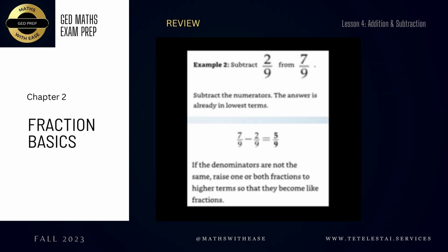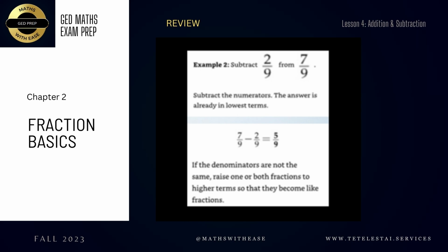Here we're being asked to subtract 2/9 from 7/9. You should recognize immediately that 2 is less than 7, so you need to rewrite this so that the difference you're taking begins with 7/9, which is the larger fraction.